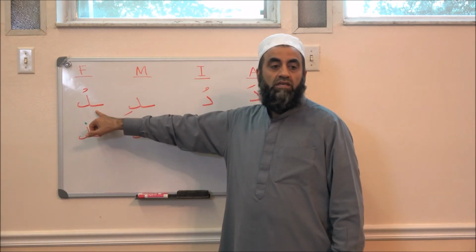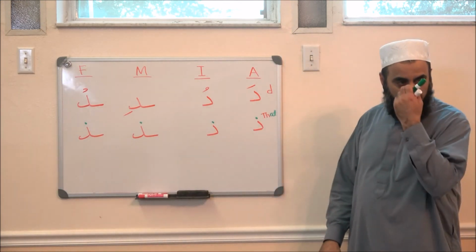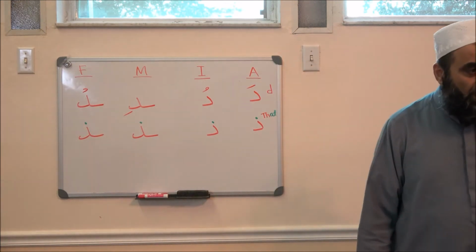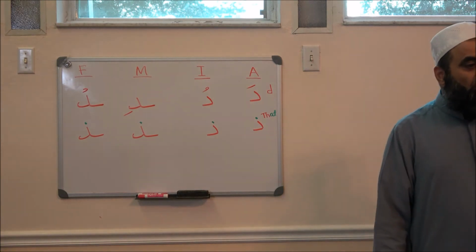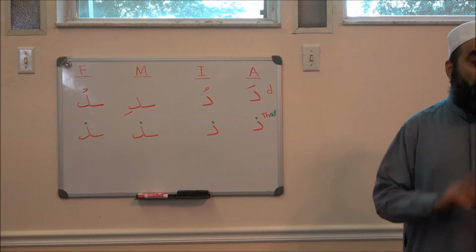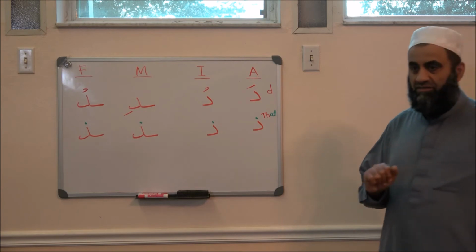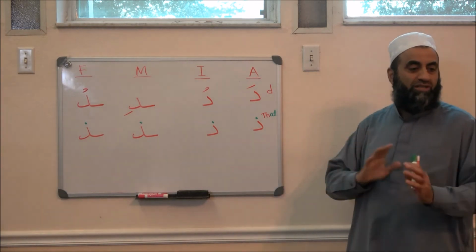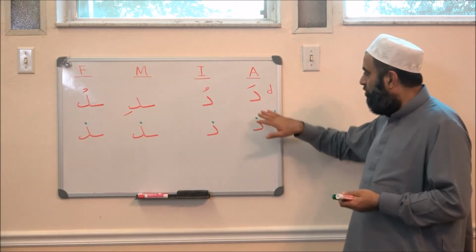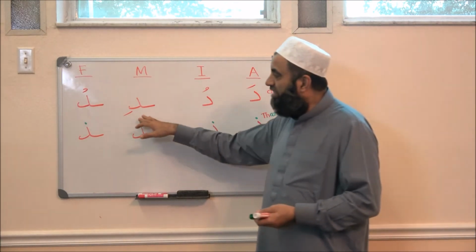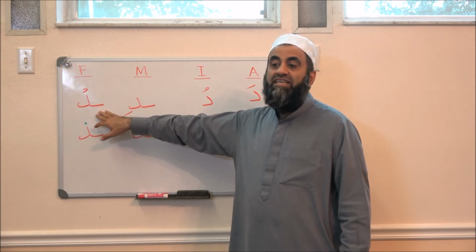D, d. In the Quran, most sukun is like a round sign. No, in the text it's like zero. When you see a round sign, it means a silent letter in the Quran. That's why I stopped using the other one, because I don't want to confuse you. But both of them are used. So da, du, di, d, d.